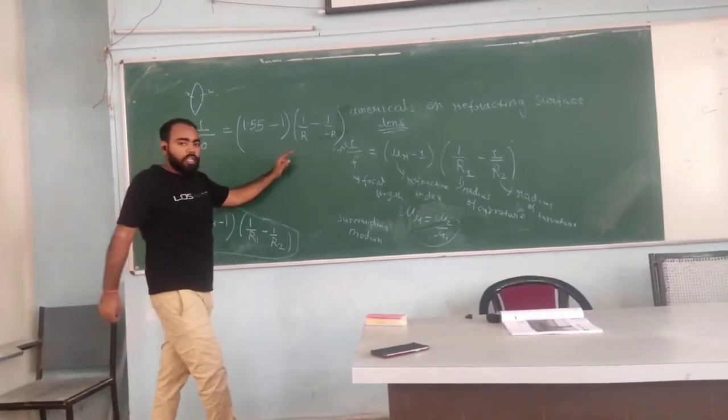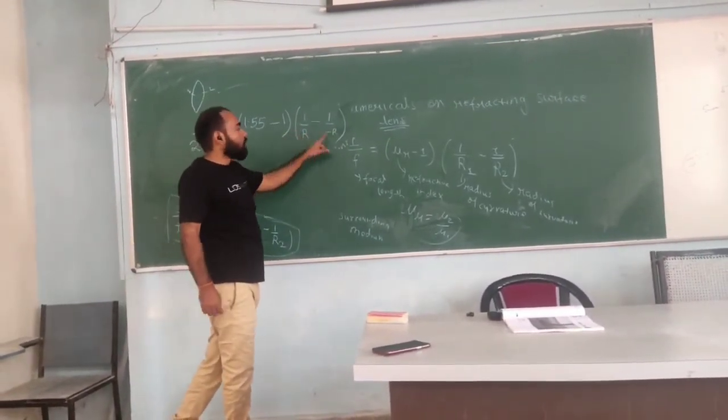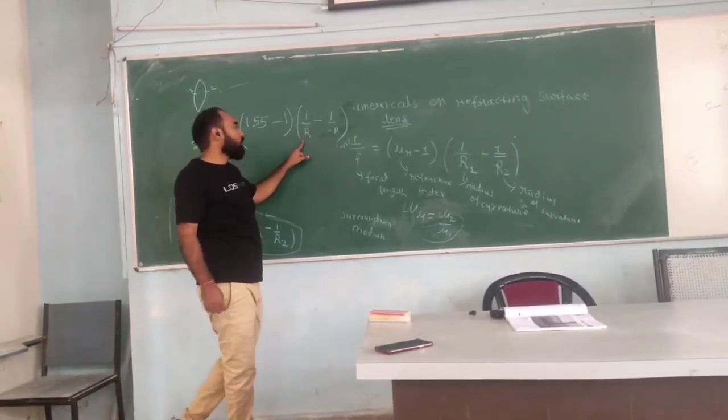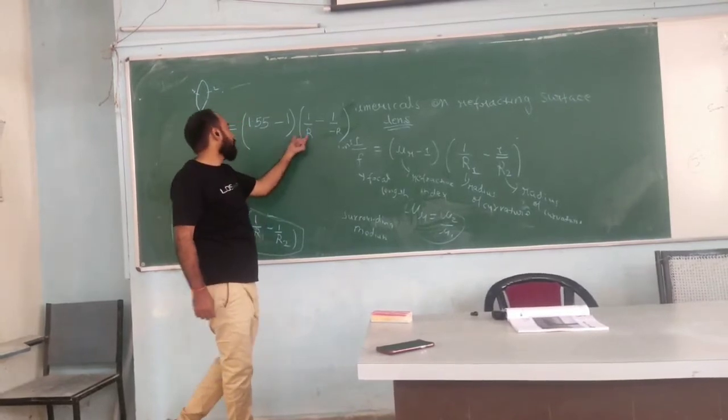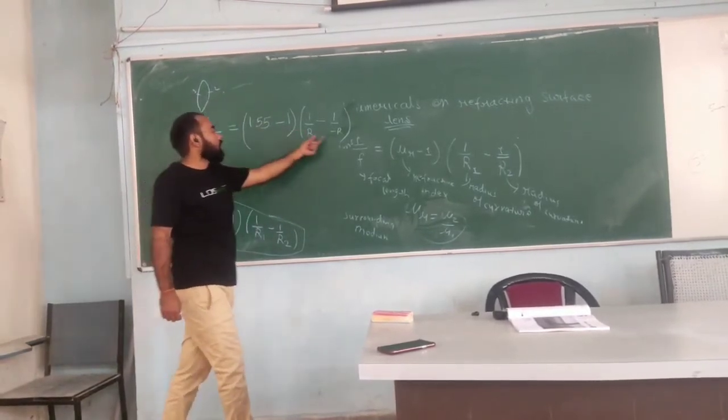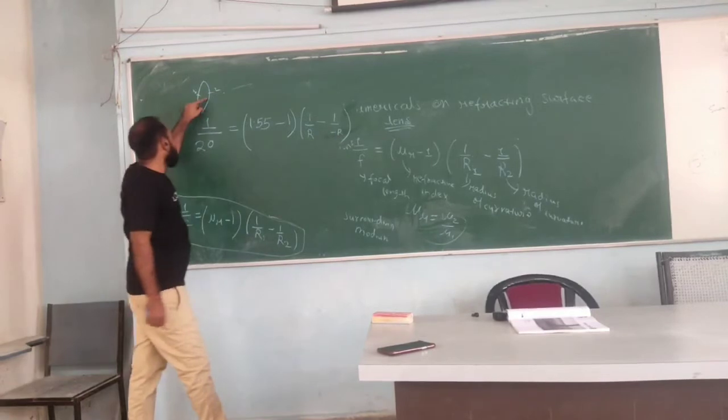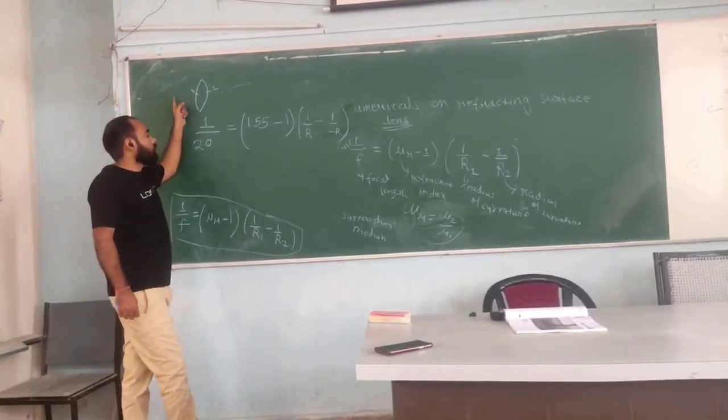But the same radius doesn't mean that if you take plus here, you will take plus there too. We have to follow the sign convention. The sign convention says this would be plus because it lies in this direction, and minus R because for this refracting surface the radius of curvature is in this direction.